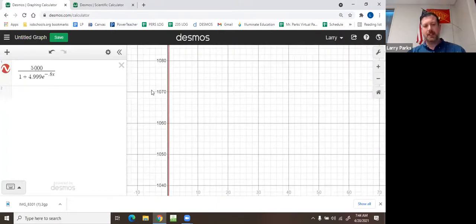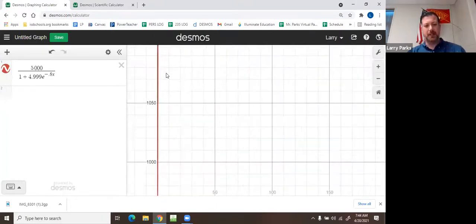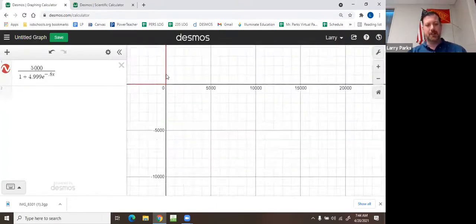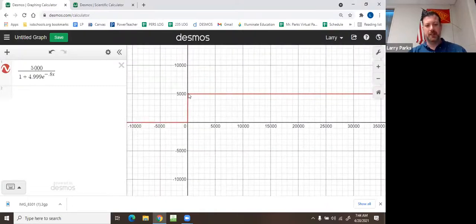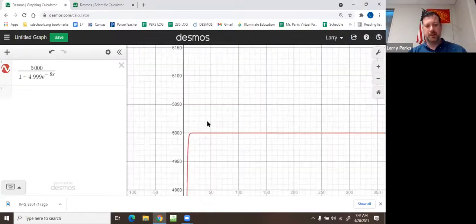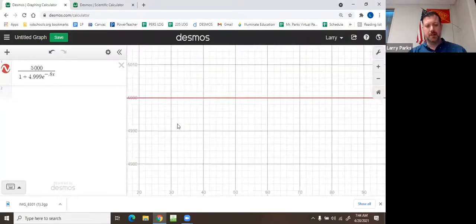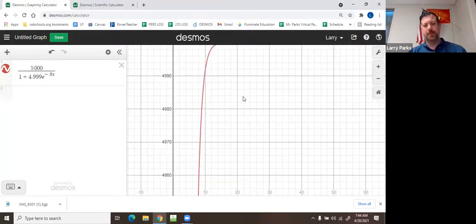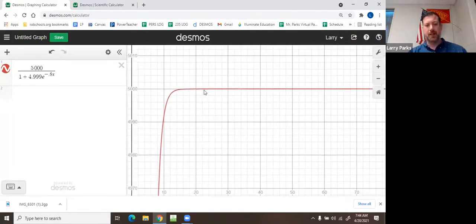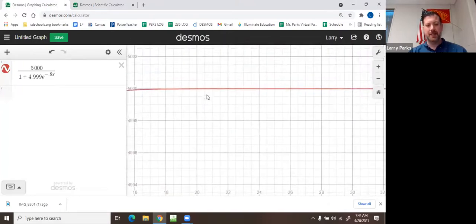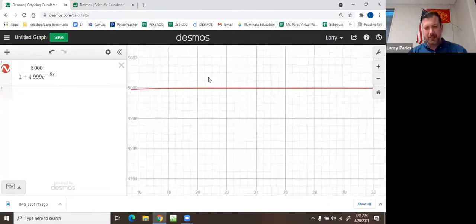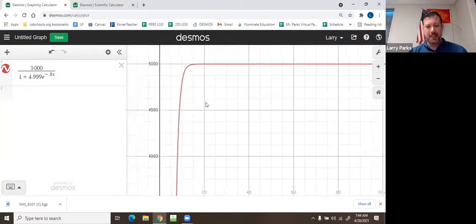It doesn't make sense for negative time, so I almost need to go up to 5,000 first. You can see it has a horizontal asymptote at 5,000, never quite gets there.